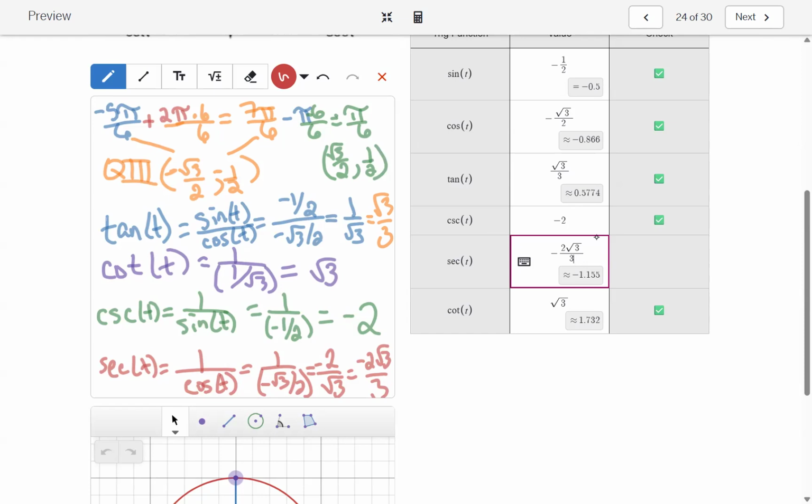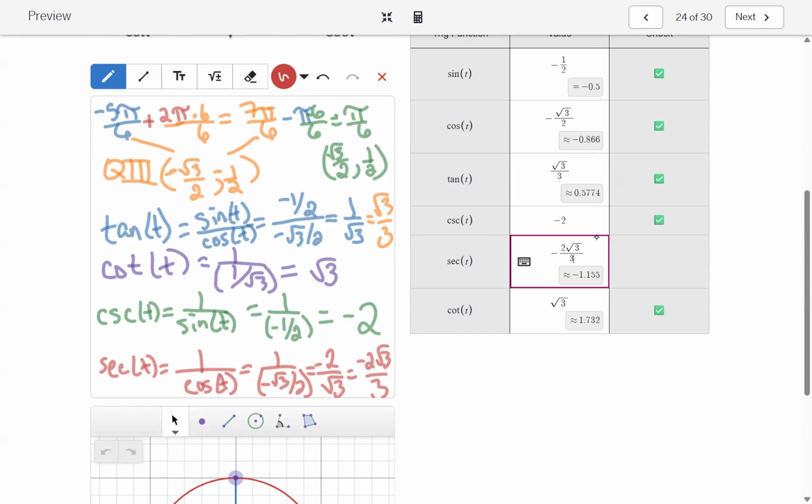7 pi over 6 is a little bit bigger than pi, so we know that's in quadrant 3. So that's why I have that note down below. But then I subtracted off pi because I wanted to know what the reference angle was. The reference angle is the distance from the x-axis to the angle.